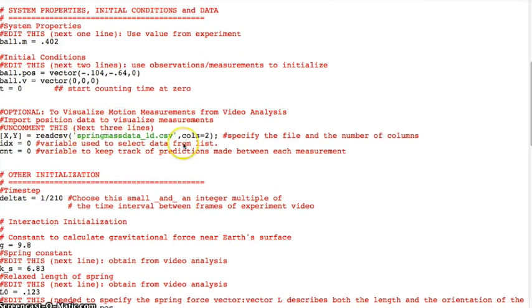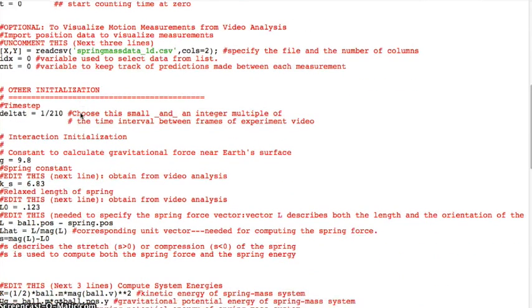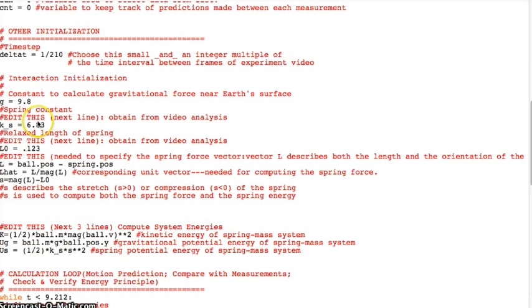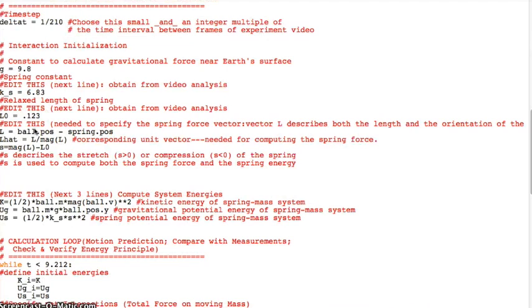This is where we read in the spring mass data, or the data that was collected from Tracker. And this is our delta t of 1 over 210. The spring stiffness was found to be 6.83 with an original length of 0.123. And here we calculate exactly how far it is from the final length of the spring using the ball position minus the spring position.